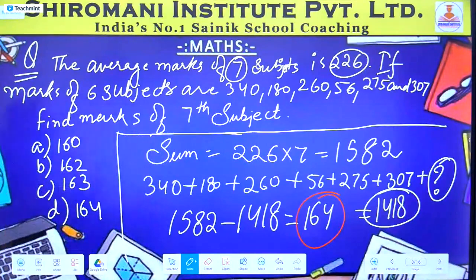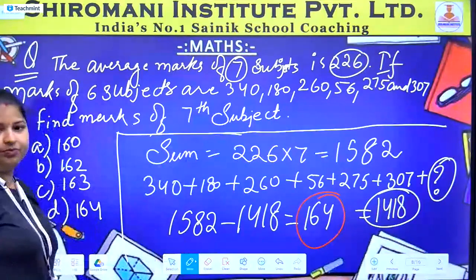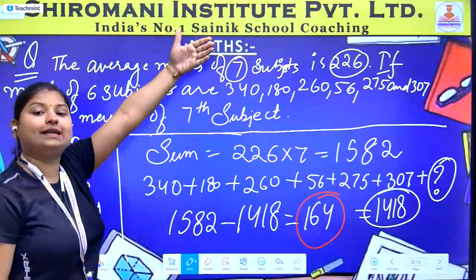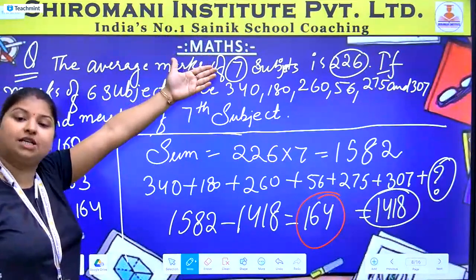Now, total marks that he must have got is how much? 226 into 7, because the average is 226 and the total number of observations is 7.